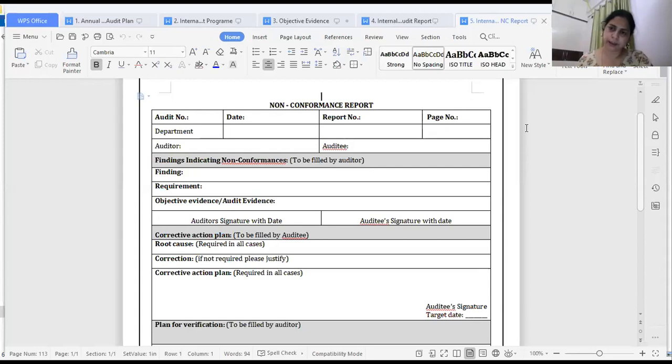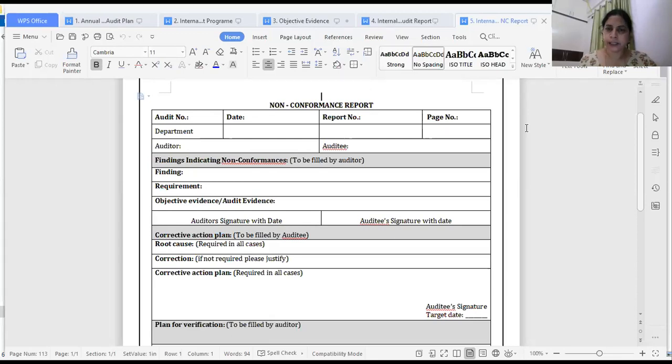And as I said, 3 NCs in any of the records will say change the process owner. That is a corrective plan of the management. Management will take a correction plan that if this process owner is not working, then let us put the next process owner there. So the seriousness of the audit has to be taken in a way that you are doing an audit to improve the quality. You are not doing an audit just to do the audit.